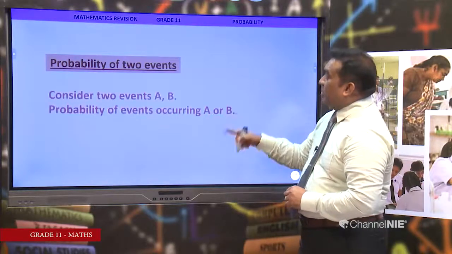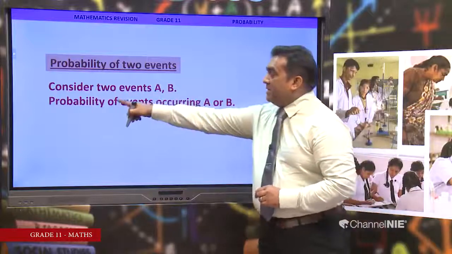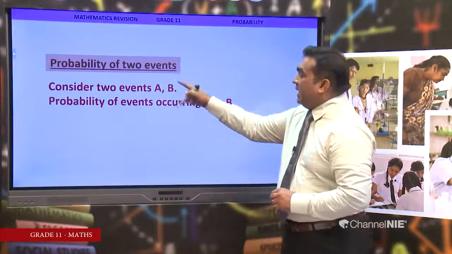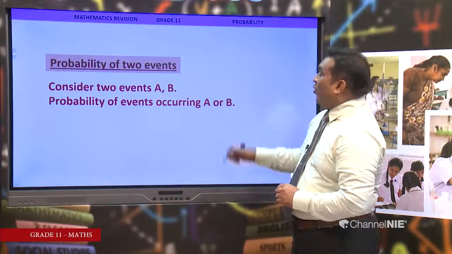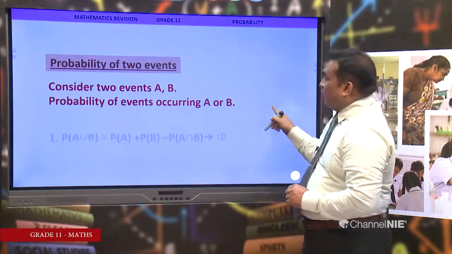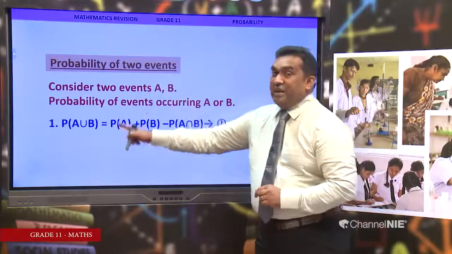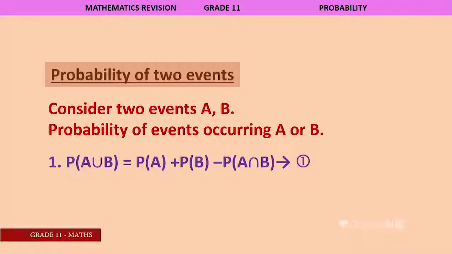Now, probability of two events. Consider two events, capital A and B. The probability of the event occurring, A or B, is defined as P(A union B) equals P(A) plus P(B) minus P(A intersection B).